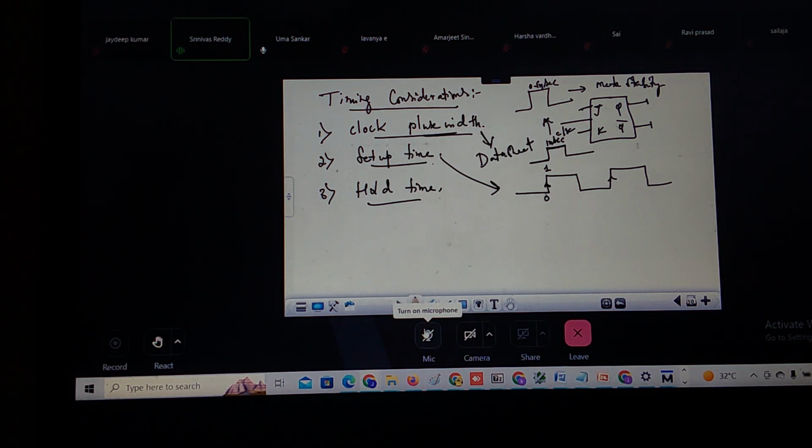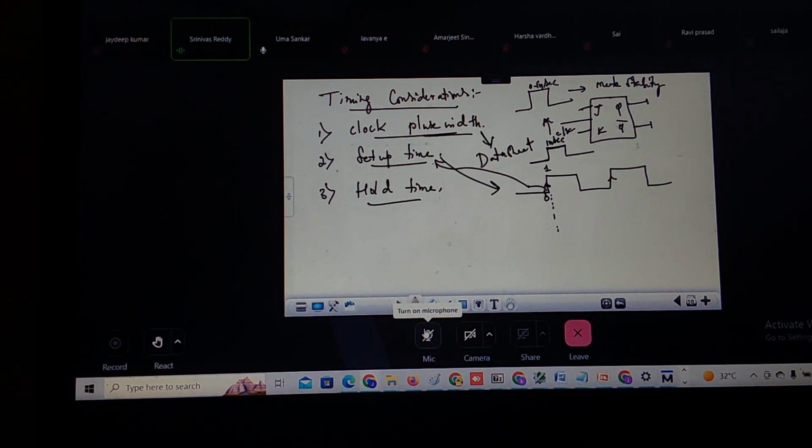The minimum time before latching takes place, whenever the rising edge comes, that time we call the setup time. For the flip-flop to do a latching operation, this minimum time is required.